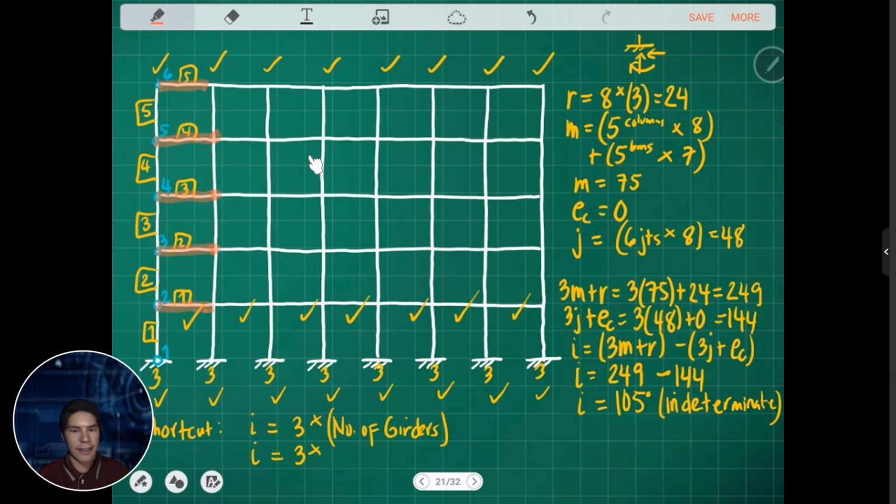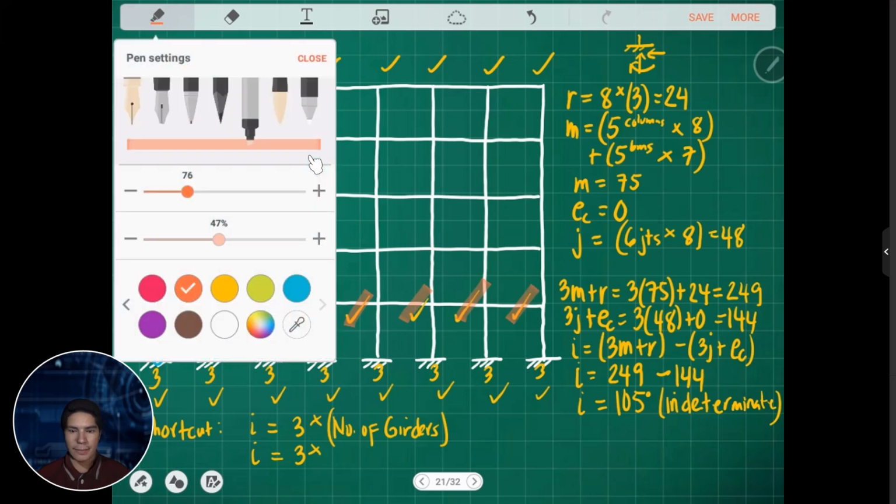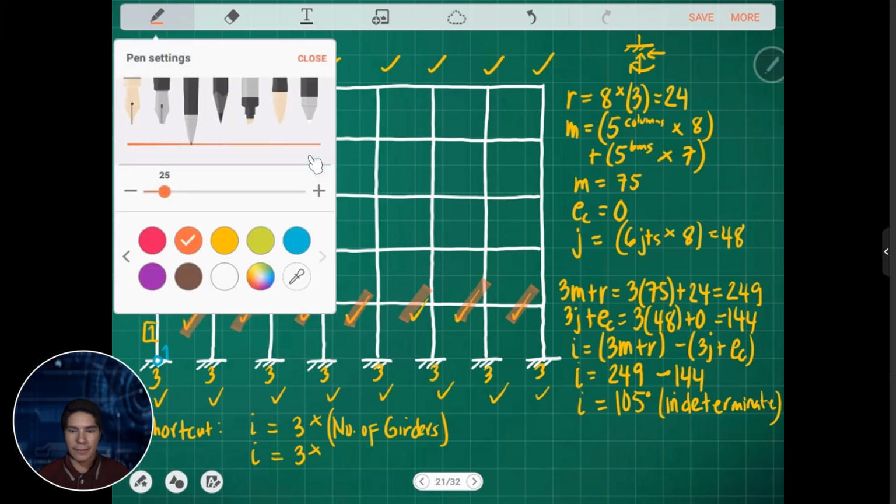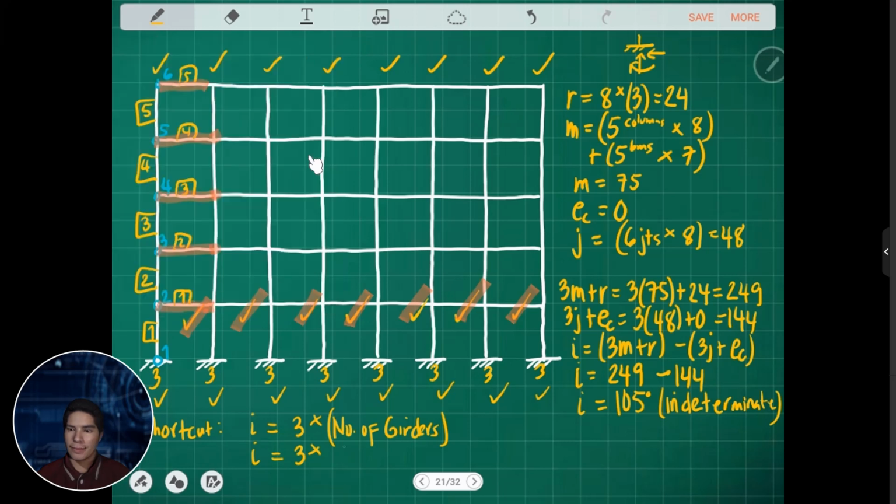And then we multiply it by 1, 2, 3, 4, 5, 6, 7. So we have 5 beams times 7. Okay, so the degree of indeterminacy is just equal to 3 times 5 times 7. So we have 105 degrees indeterminate.